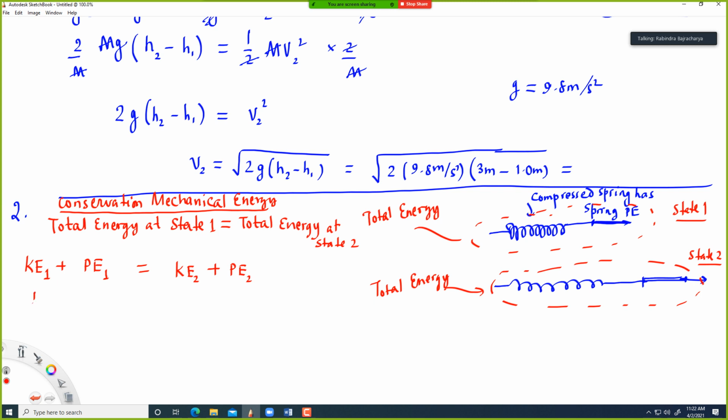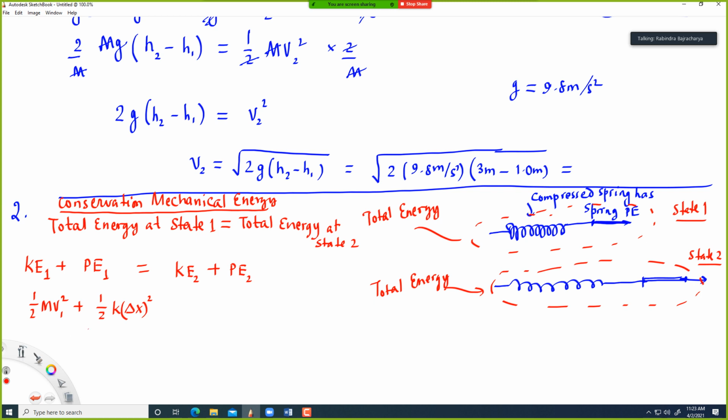That means what's the kinetic energy? By the way, the potential energy we are talking about here is not gravitational potential energy, but spring potential energy. The formula for spring potential energy is 1/2 k delta x squared. That's for state 1.